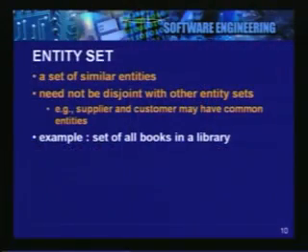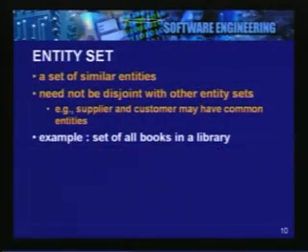That means he actually issues a particular entity from the collection of all books. So we should keep these important concepts in mind: an entity is a specific book or a specific student or a specific course, whereas an entity set is a set of similar entities like all books, all students, all customers. They form an entity set. It is a collection.